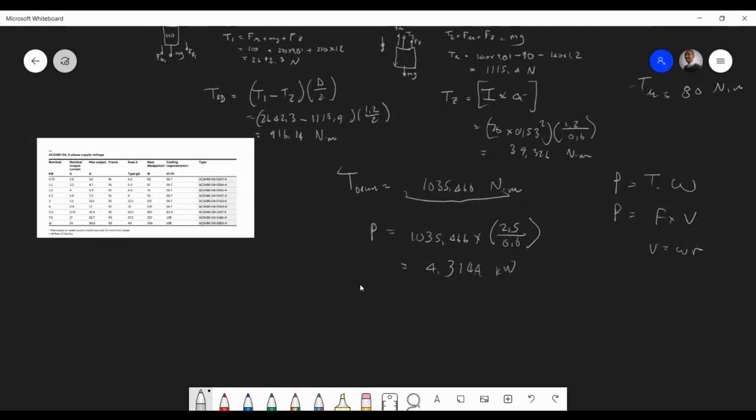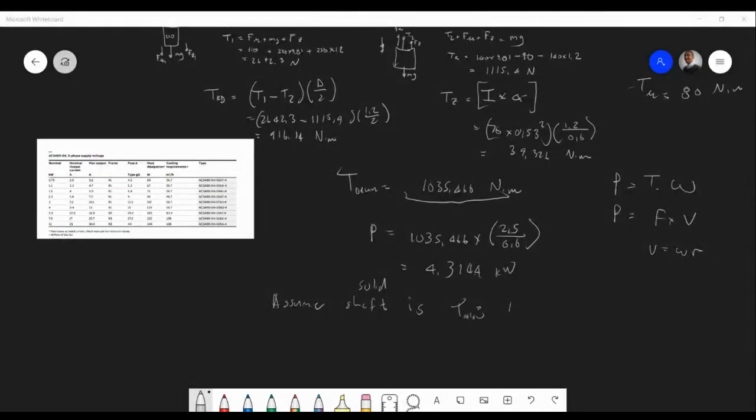So if I say assume the shaft has an allowable shear stress of, it's a solid shaft, or maybe hollow, but definitely solid, of, let's give it a value of, let me just quickly check.